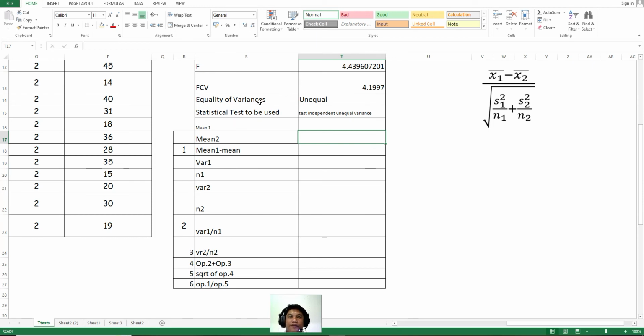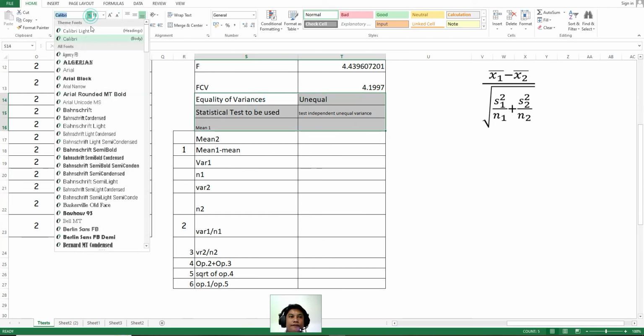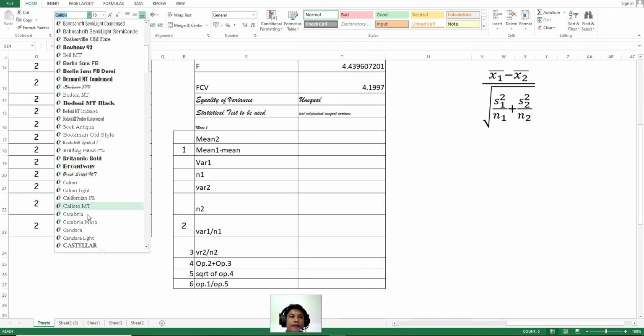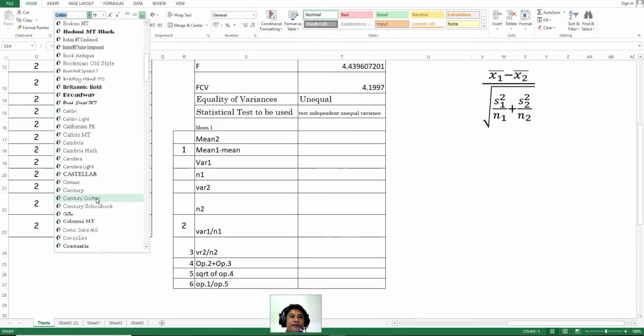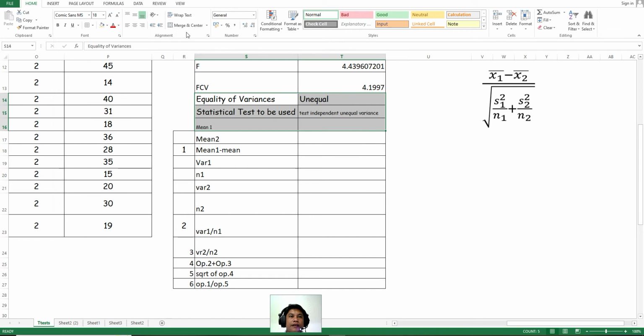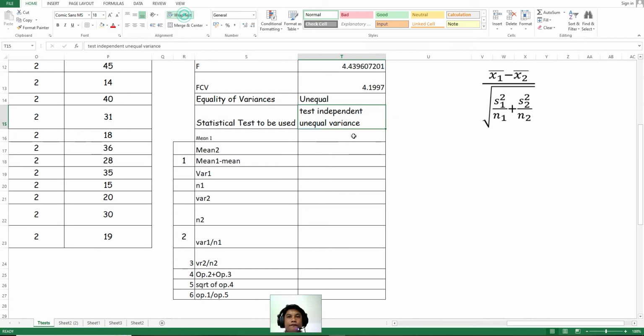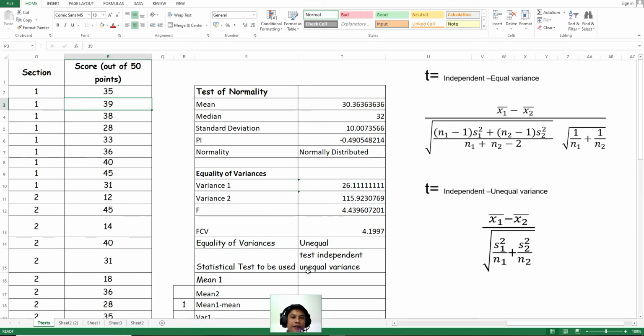We have to get first the mean, the mean of the first group and the mean of the second group. Since we sorted this out already, we can use the data already.